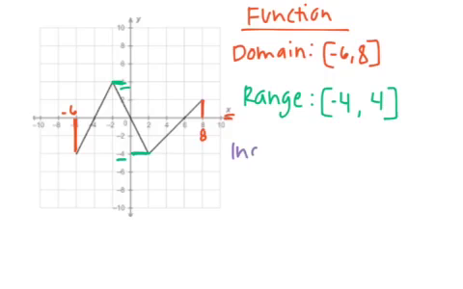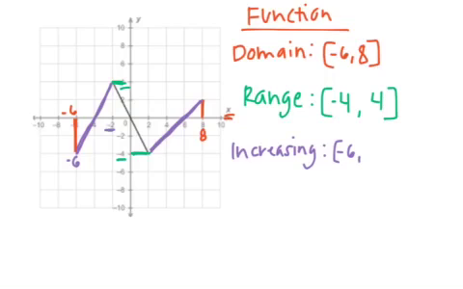Increasing. This is where my function is going up from left to right. So I have two places where my function is going up. So from left to right, it's going up right here in this section, and it's going up here in this section. So that's happening from -6 on the x-axis to -2 on the x-axis.